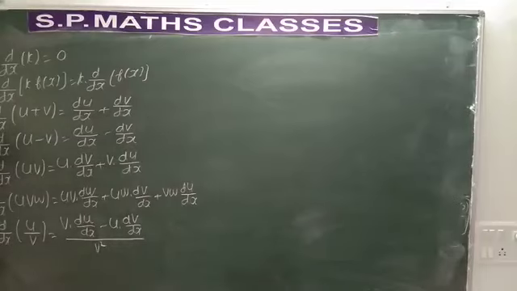Then d by dx of x power n, you have studied, is n into x power n minus 1. So d by dx of root x is 1 by 2 root x. Further, d by dx of 1 by x is minus 1 by x square. All these formulae you have studied.